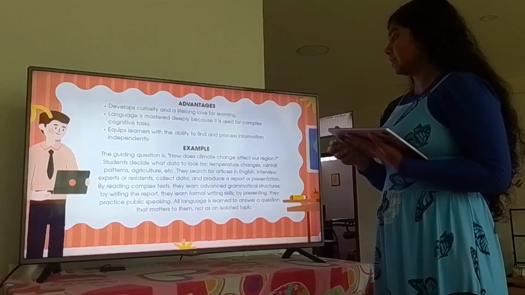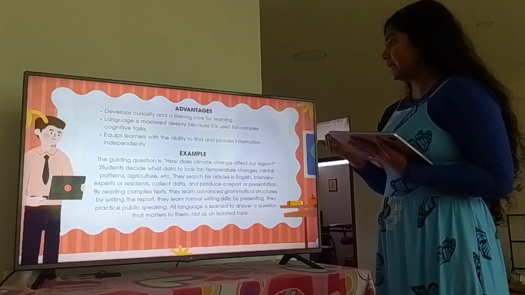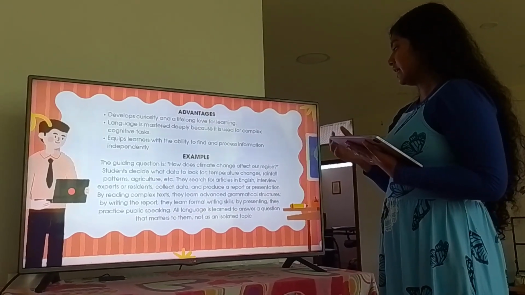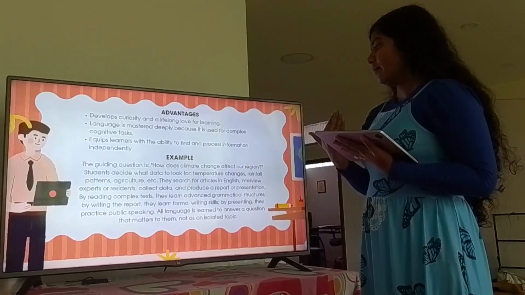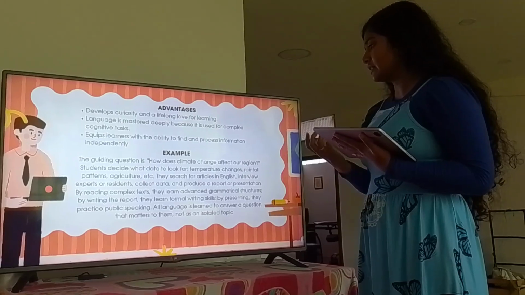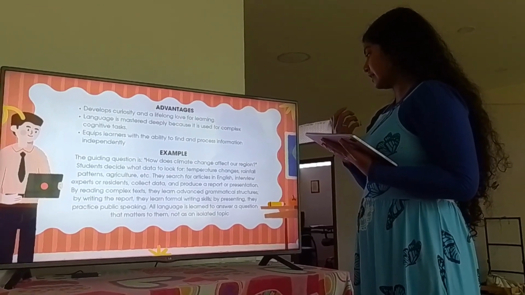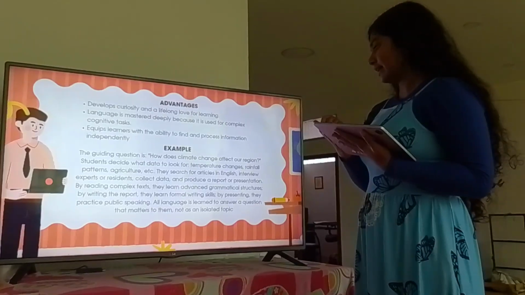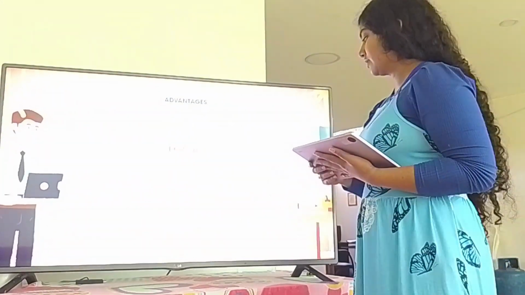By reading complex texts, they learn advanced grammatical structures. By writing the report, they learn formal writing skills. By presenting the report, they practice public speaking. The language is learned to answer a question that matters to them, not as an isolated topic.